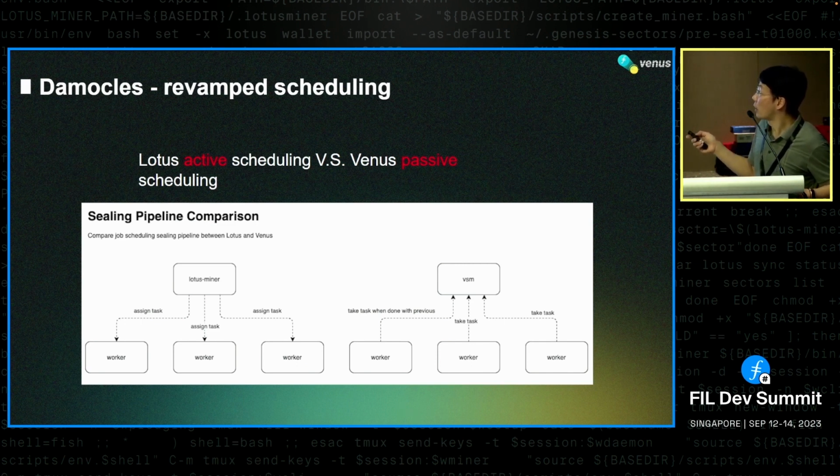Lotus is actually active scaling, which means the scheduler will ask the worker to do something. And for VLAS, actually, while a worker is idle, after it completes one work, the worker will automatically ask for tasks from the scheduler.